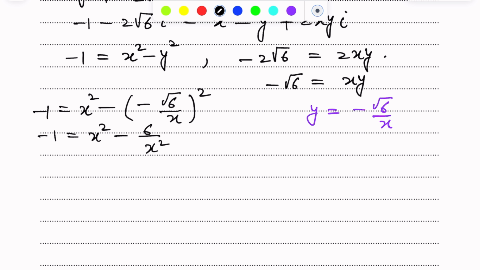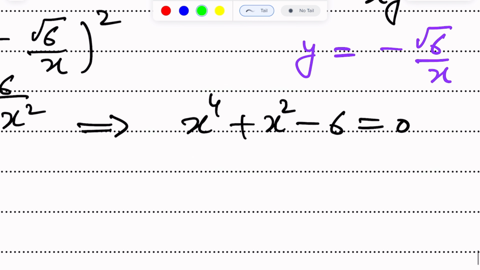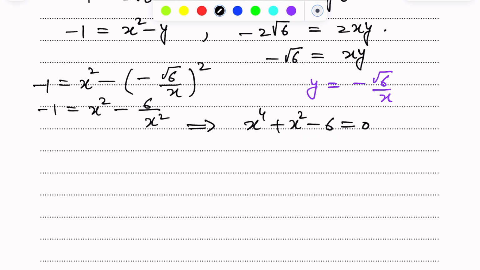Further simplifying we get x to the power 4 plus x square minus 6 is equal to 0. Again this is a disguised quadratic equation. We will solve this disguised quadratic equation by taking a suitable substitution.